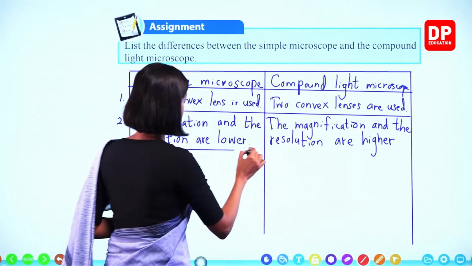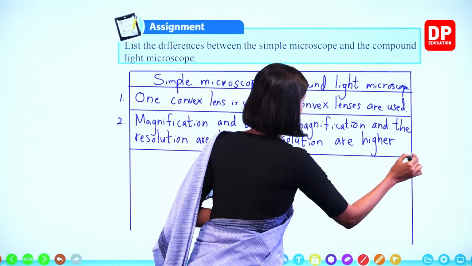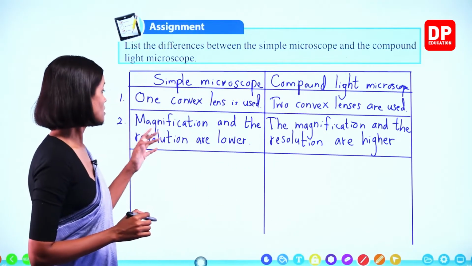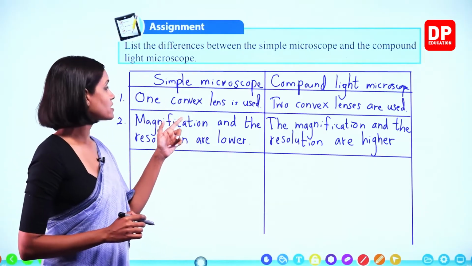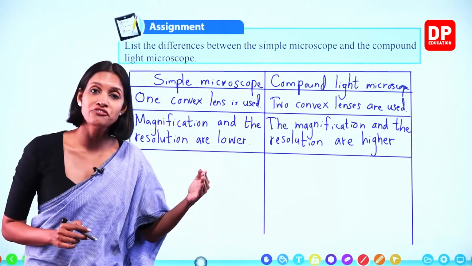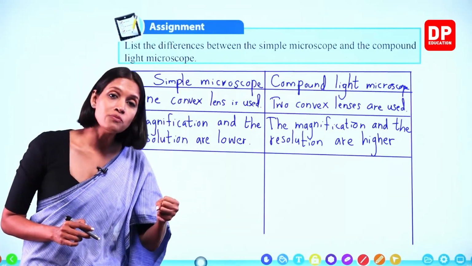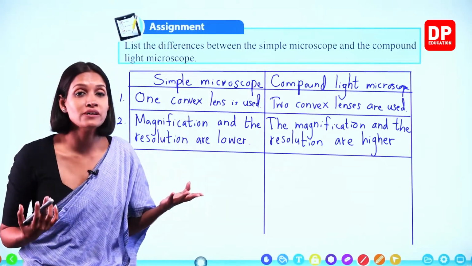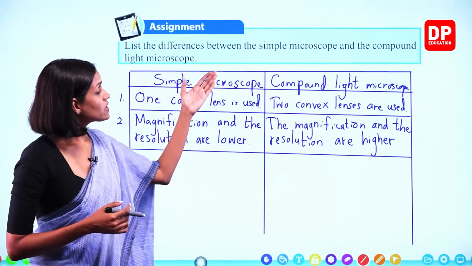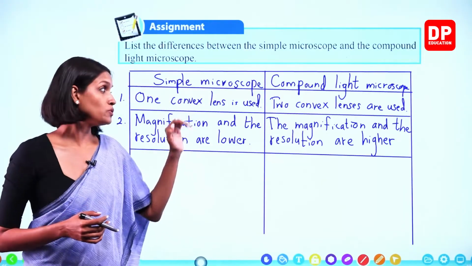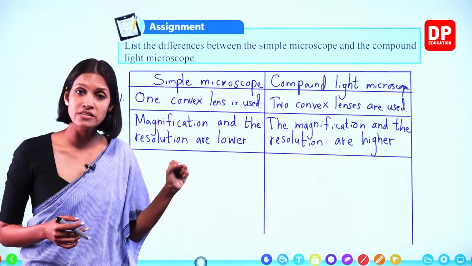Right, children? Next one. Now, this hand lens, the simple microscope, can be used to magnify smaller objects that are visible with the naked eyes. Now, when you consider the compound light microscope, you can clearly observe the microorganisms.